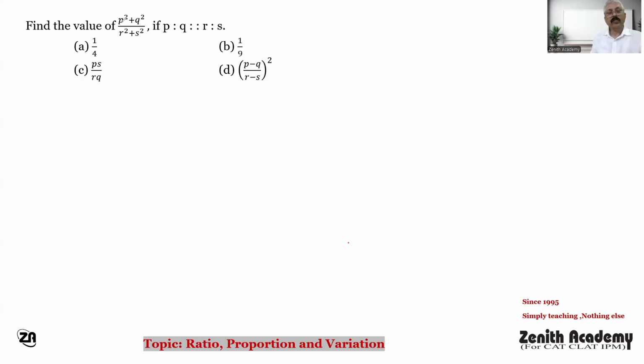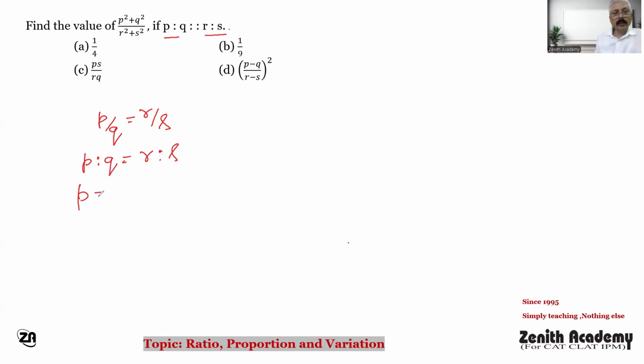In this question, find the value of p square plus q square upon r square plus s square if p is to q is equal to r is to s. It means p, q, r, s are in the same proportion. So look here, p is to q is equal to r is to s.